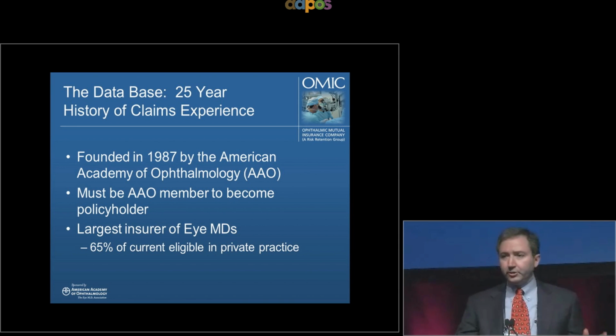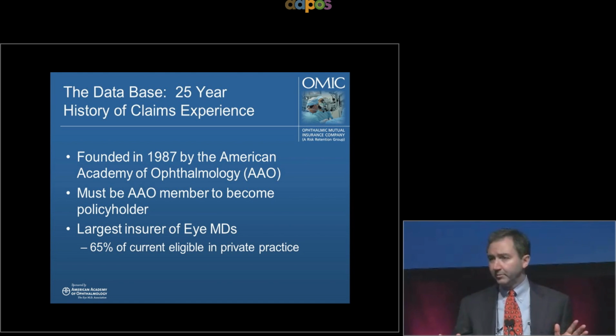So again, to understand where these claims are coming from, the database is OMIC, formed in 1987 by the American Academy of Ophthalmology. To be insured by OMIC, you have to be an Academy member. These insureds are mostly all from private practice, just the nature of the way professional liability insurance is handled.